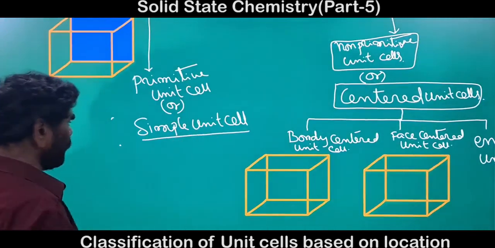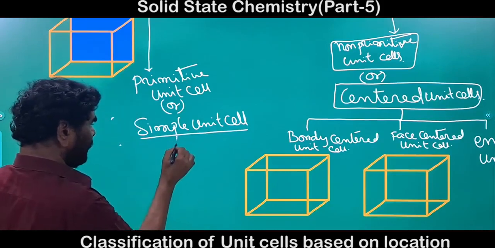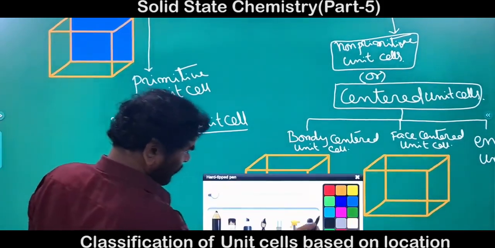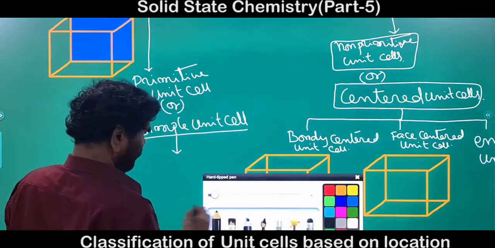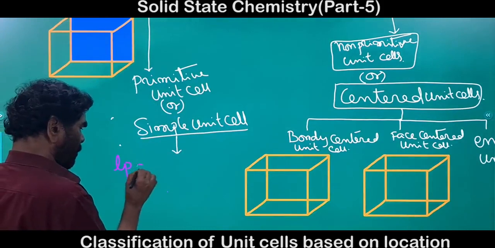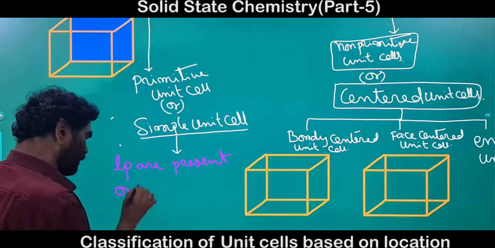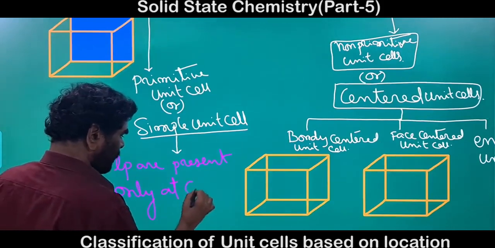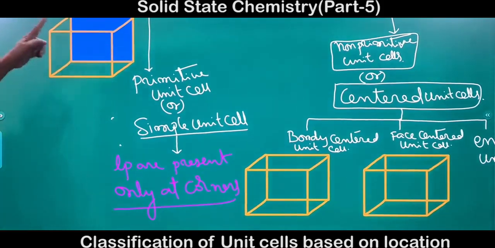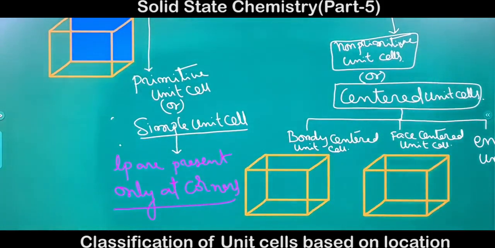So, the primitive or simple unit cell. Lattice points are present only at the corners. The unit cell contains 8 corners.